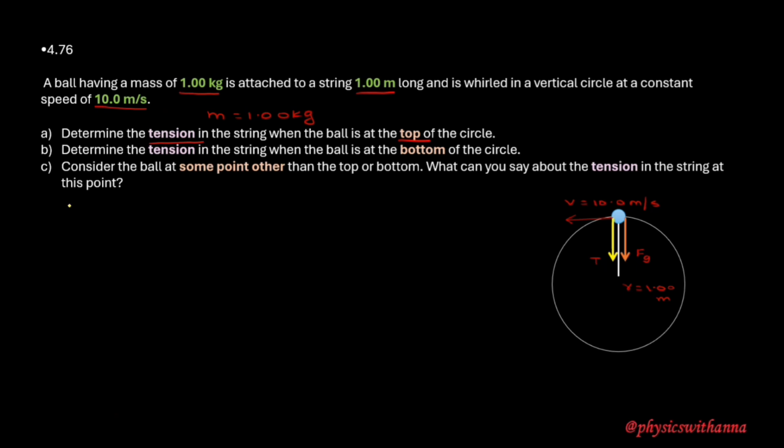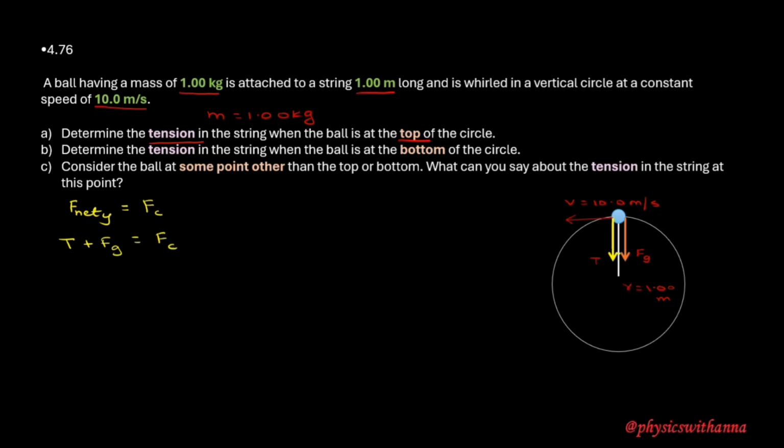So I can write that the net force along the y-axis, because these two forces are along the y-axis, provides the centripetal force Fc needed to keep the ball in the circular path. The net force along the y-axis is the sum of the tension force and the force due to gravity, so T plus Fg is equal to Fc.